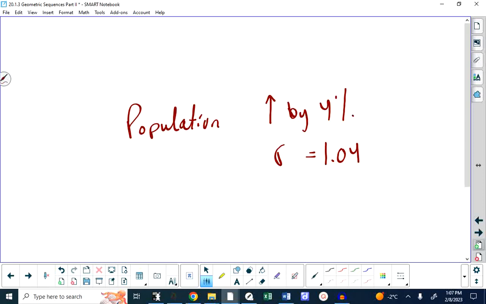But if we're losing 4%, then it's 100% minus 4%. And percent means divided by 100. By the way, 100% plus 4% equals 104%. But percent means divide by 100. So if you take 104 over 100, you get 1.04.